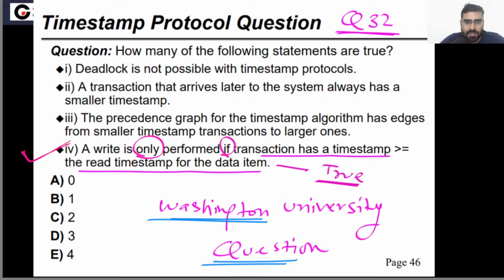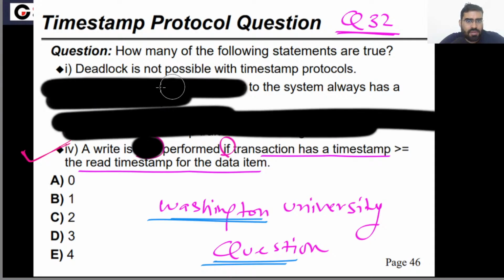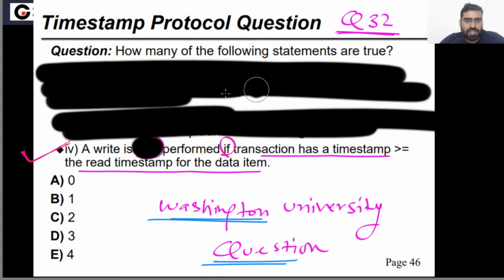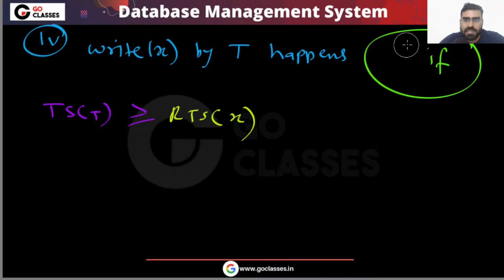But if I remove this only, this word only if, now this statement is false. Are you getting my point? If you remove this only, then this is just if. Now you tell me, is this true or false?